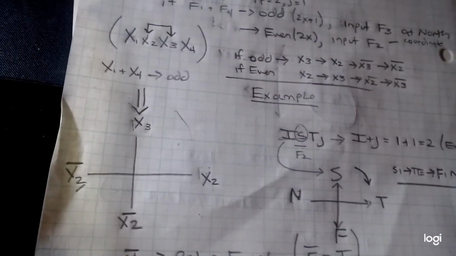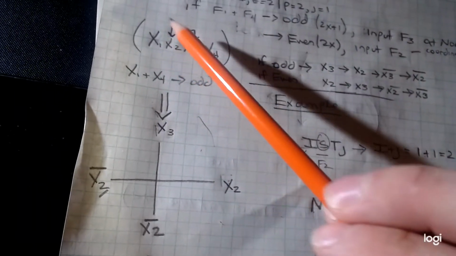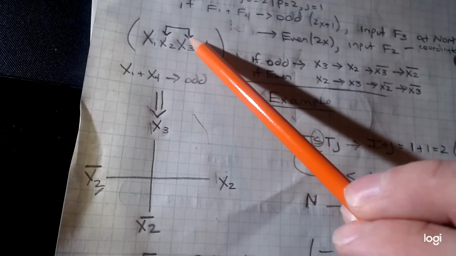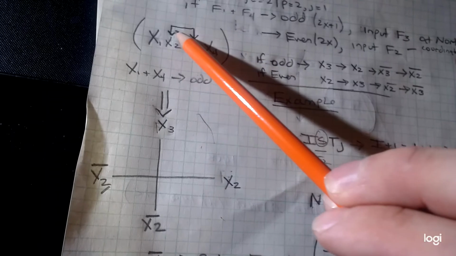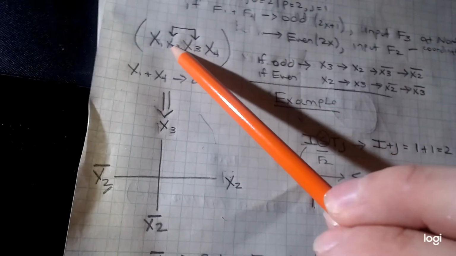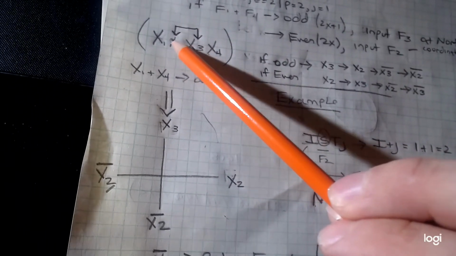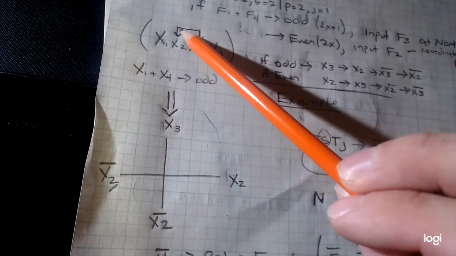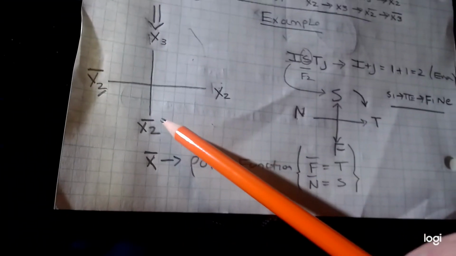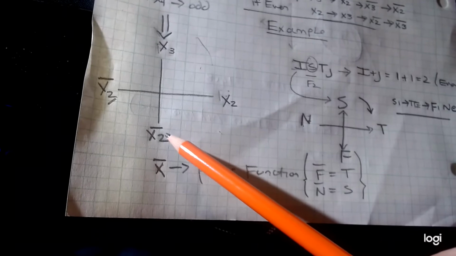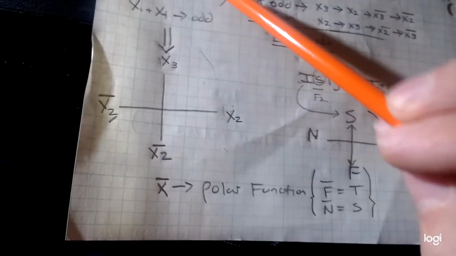You're going to start at x3, and then go to x2. Use an arrow, and then take the polar opposite of x2 right here, and then go to x3.